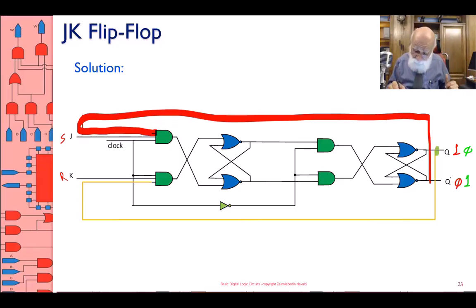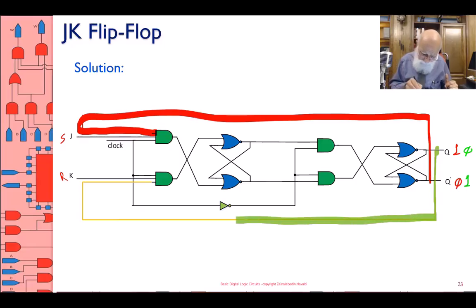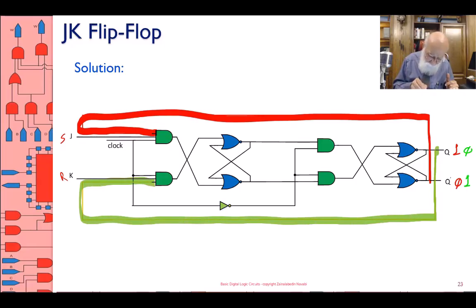If I take the Q, which is 0, bring it back, put it into the gate that the reset input is there too. And what is really happening is I'm blocking reset. I'm not allowing reset to propagate. Well, if I'm not allowing reset to propagate, what it means is that it cannot reset it. Well, no problem, because it's already reset. So I added these two lines. Now let's see what I'm achieving.